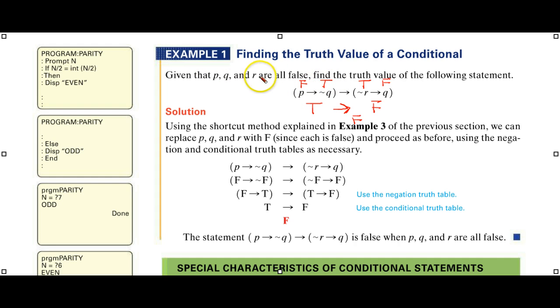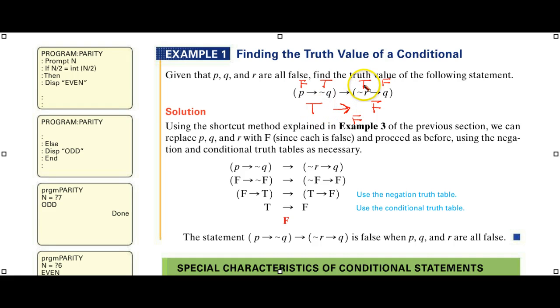Well, if P, Q, and R are all false, then what I've done here is P is false, yields not false, so that would be true, yields not false, so that would be true, and Q is false. Now if we look at our truth table for the conditional, if we have false, true, false yields true, that is true.